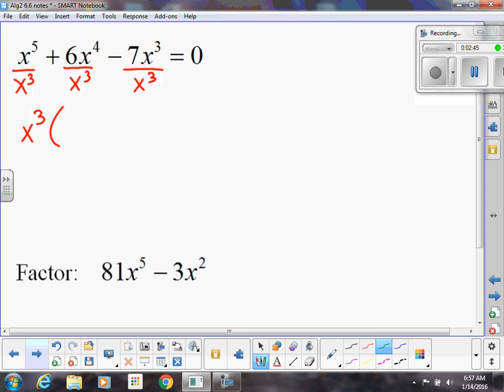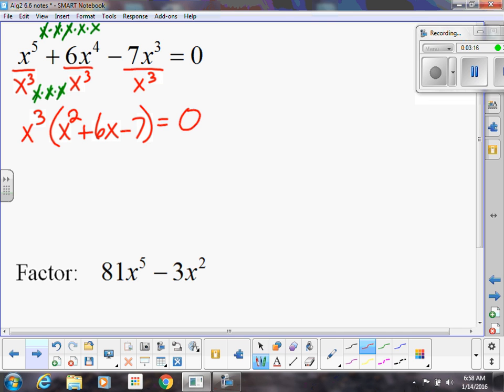It's like I'm subtracting those exponents. If that doesn't make sense, remember x to the fifth means x times x times x times x times x, whereas x to the third means x times x times x. So I'm canceling three x's in the top and bottom, so that's why I only have two of them left. So I've got x squared plus 6x minus plain old 7, because all the x's cancel on that one.